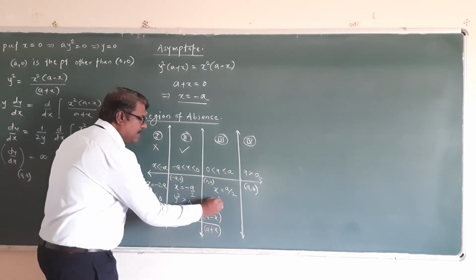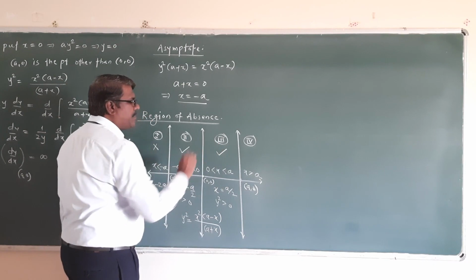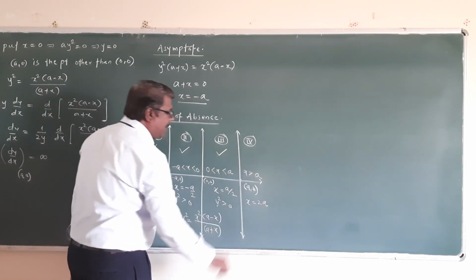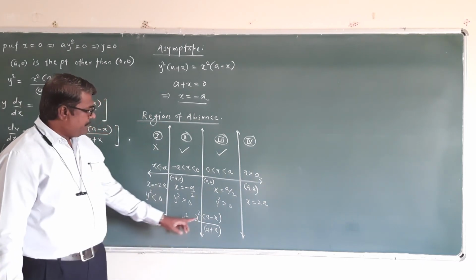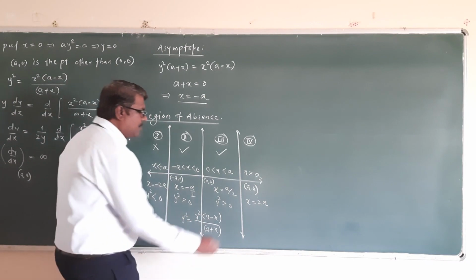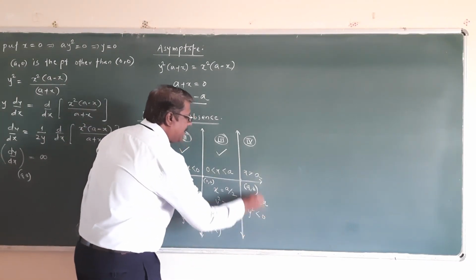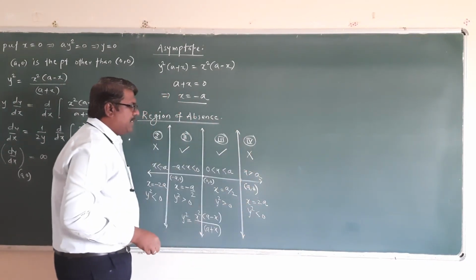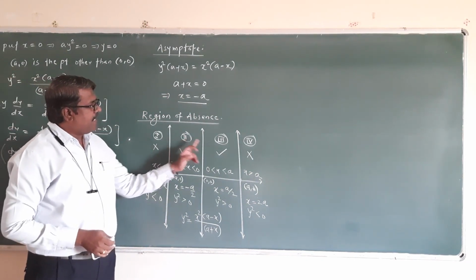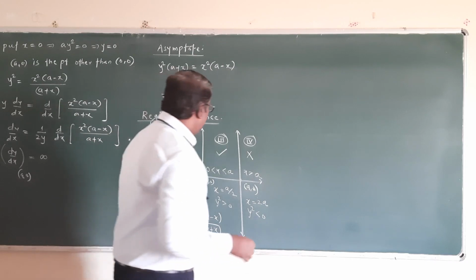So y square is greater than 0. The curve is present. And here I will choose the value of x as 2a. When x is 2a, this is negative, this is positive, this is positive. So y square is negative, and therefore the curve is absent in the fourth partition. So overall the curve is present in the second and third partitions.